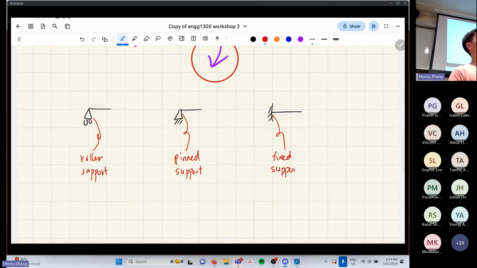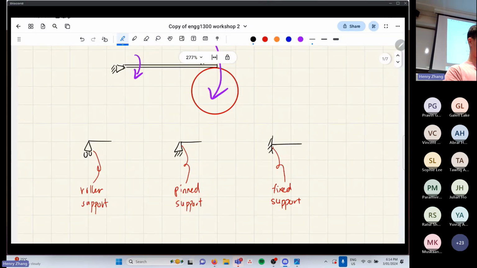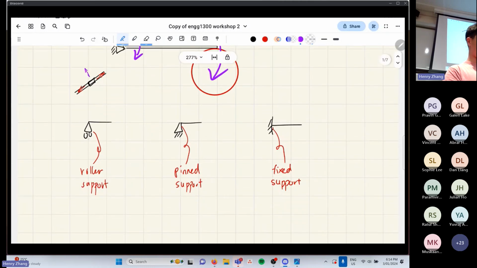So there's variations on these. I'll give you an example. I think last workshop we saw the slider, which was free to slide up and down, but resisted in this direction, where the normal forces resisted. That's pretty much what a roller support is. It only resists the normal force direction, but it's free to move in the tangential direction.